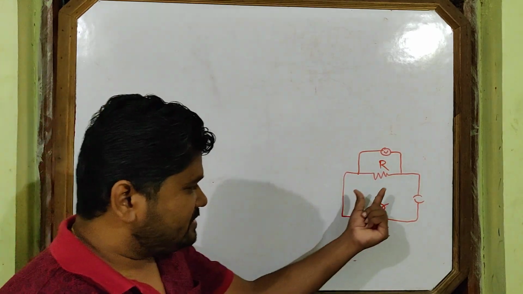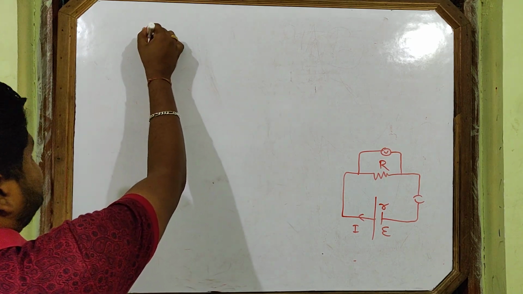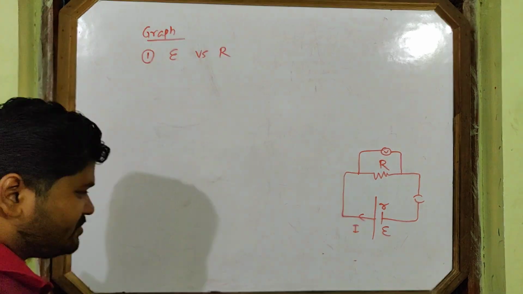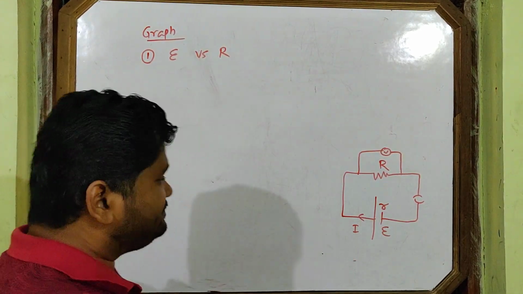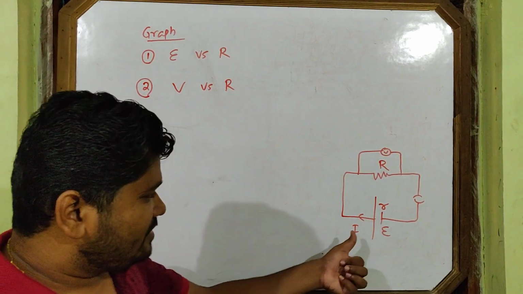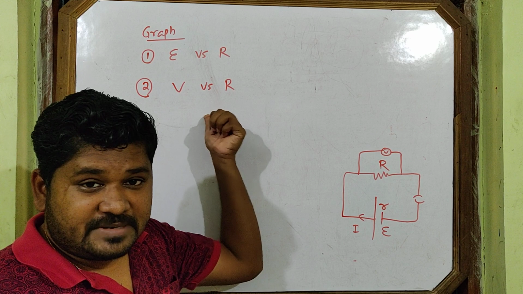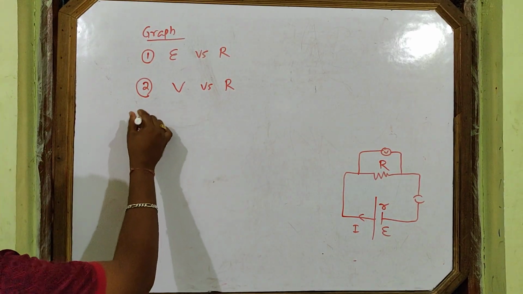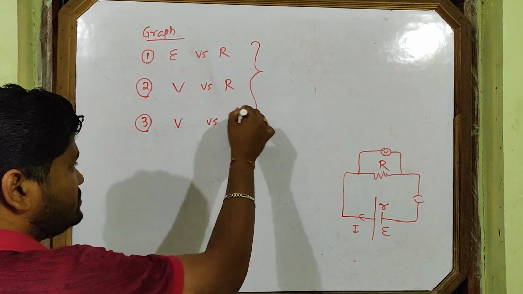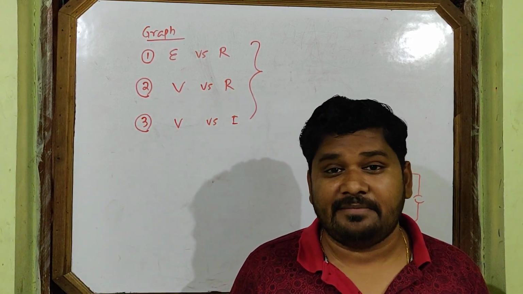On the basis of this circuit diagram, the question for you is: draw the graph of EMF versus external resistance, very simple one. Second, V versus external resistance. Most important question of the chapter. Then V versus I. This three graph question is a very important question of this chapter and always comes in the exam.